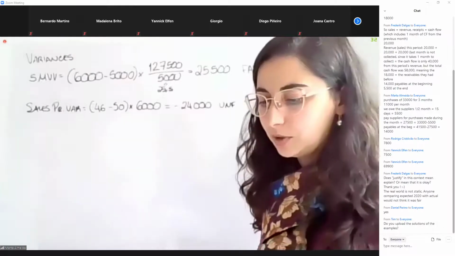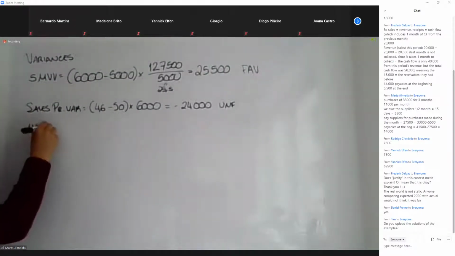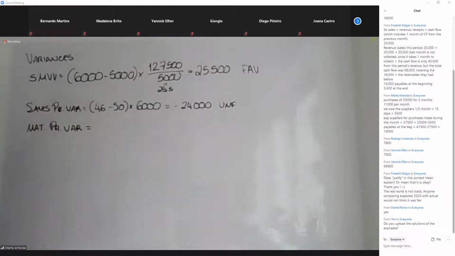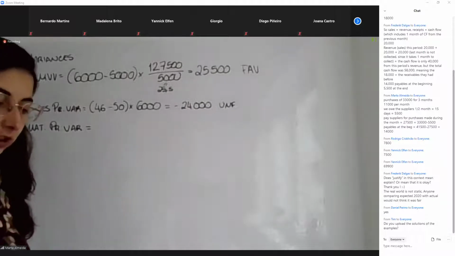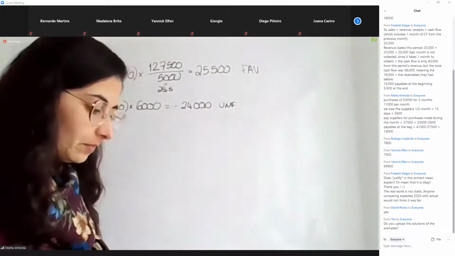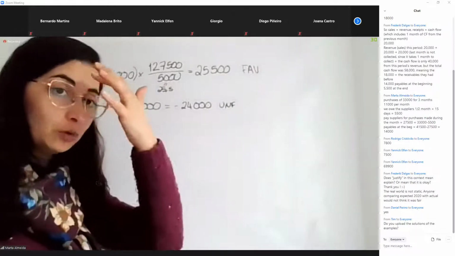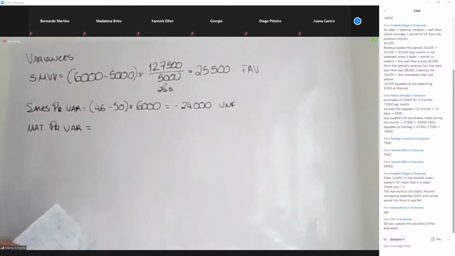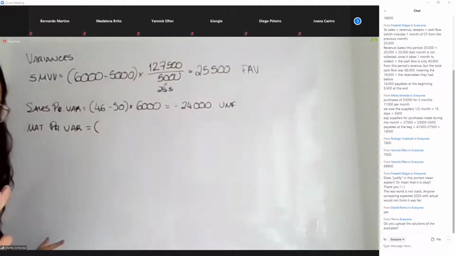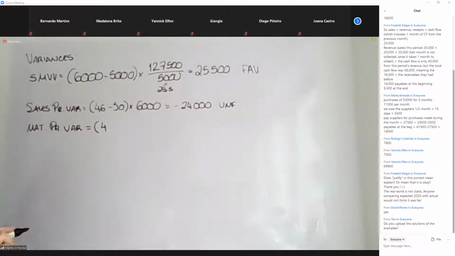So let's calculate the materials price variance. The materials price variance is equal to the budgeted price per unit of materials, so per meter, minus the actual price per unit, times the actual volume of materials. The budgeted price per meter, not unit of product, unit of material, was 4.